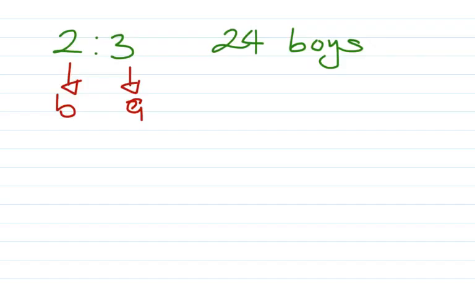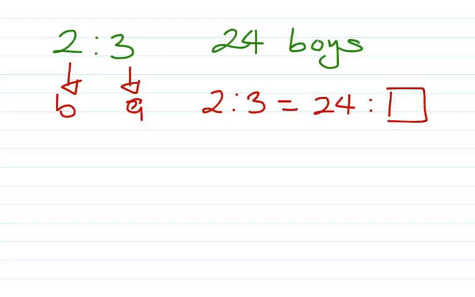If I know I've got 24 boys and it's a 2 to 3 ratio, I think the simplest way is to turn the ratio into an unknown, from what we don't have. So I would take my 2 to 3 and say that it's the same as 24 to something.